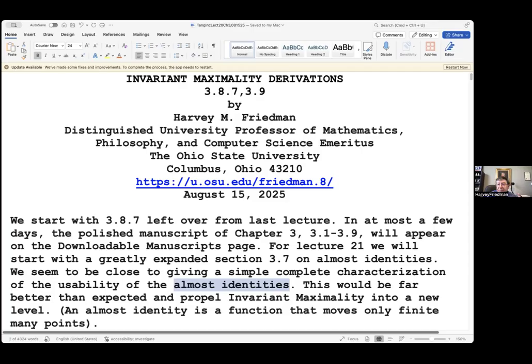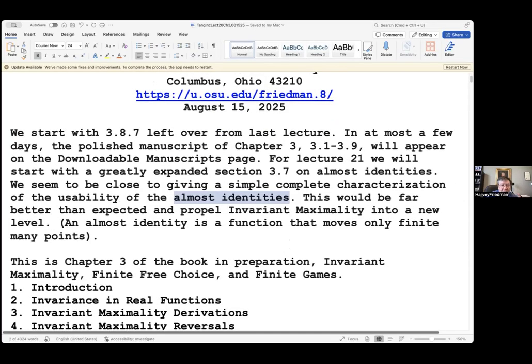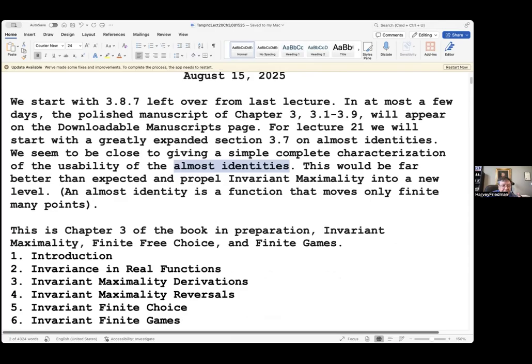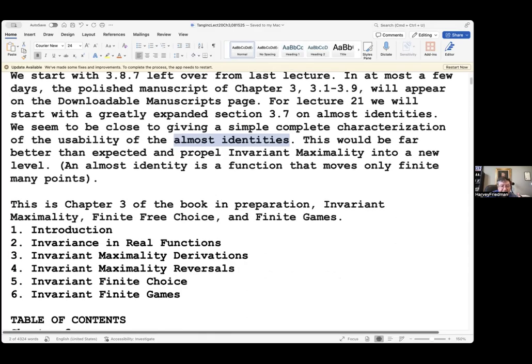I think it would propel the subject into a new level when you have such striking characterizations. If this works, this would say that I can use RCA naught or less to completely understand the finite functions that are usable.